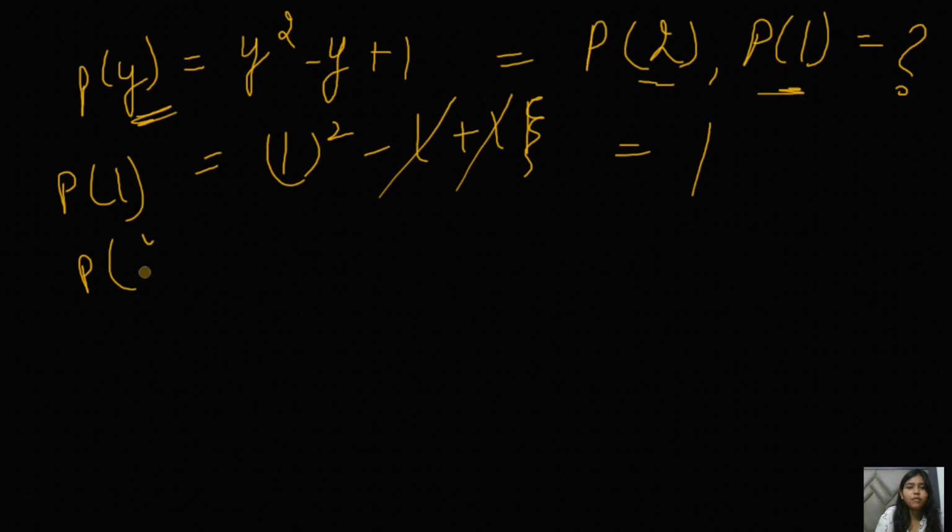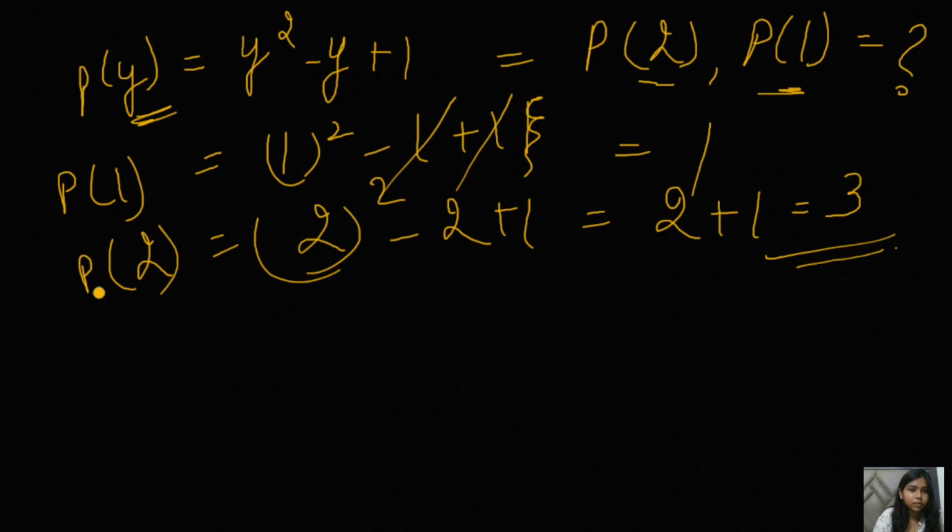Okay, so these are the answers. Then there is another question. We also have to find out p(0). We can also find out p(0). So we'll get 1 in that case too. Okay, so this is the type of question.